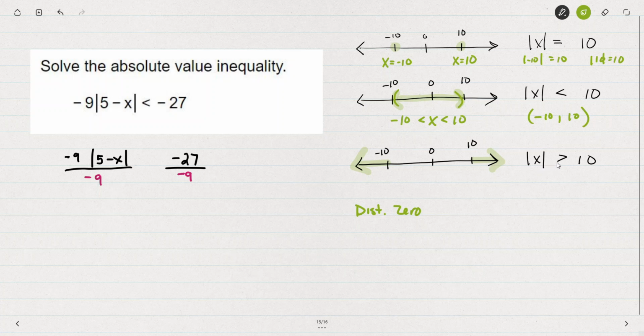Now if we did an absolute value of x that's greater than 10, remembering that absolute value means distance from 0, we're going to start at negative 10 and go out, or start at 10 and go out. Now, if I kept going to the left, I'd get to negative infinity, or positive infinity to the right.